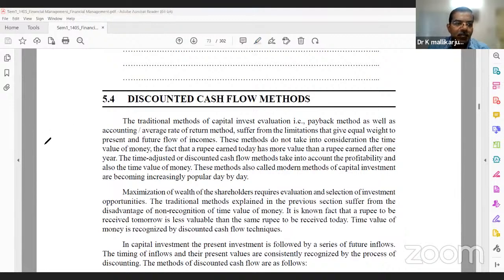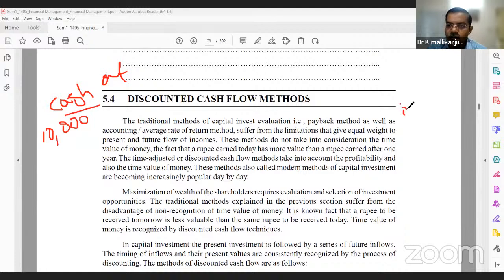The company is ready to invest 10 lakh rupees to start a business or a project. So this is a cash outflow. Because of this cash outflow, the firm is to receive cash inflows in the future.